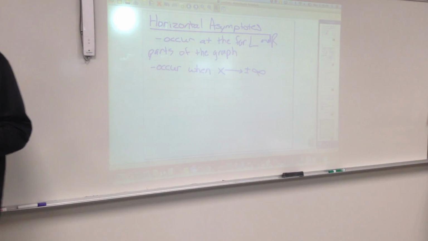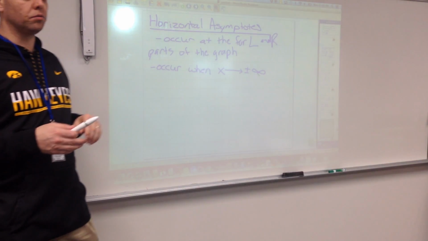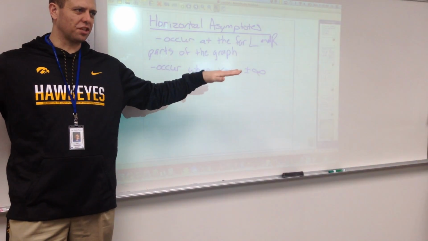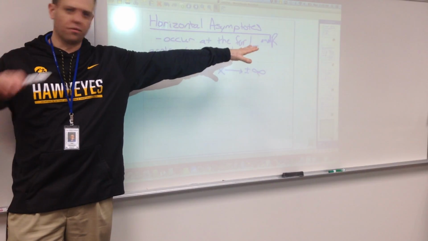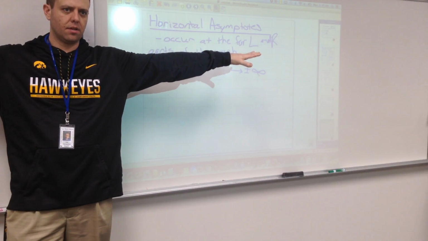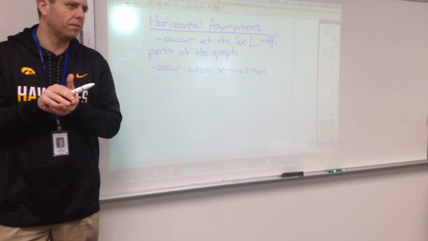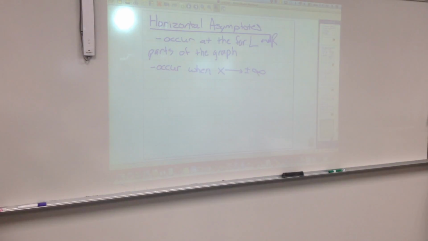So it's a little bit different. Vertical asymptotes a graph will never cross. Horizontal asymptotes are imaginary lines that the graphs get really close to, but only way to the right or way to the left. They could potentially cross that imaginary line somewhere in the middle. So that's another thing on horizontal asymptotes.